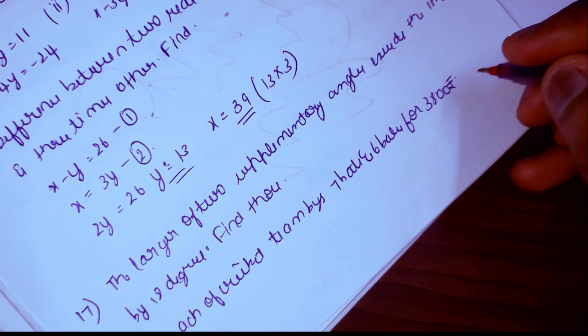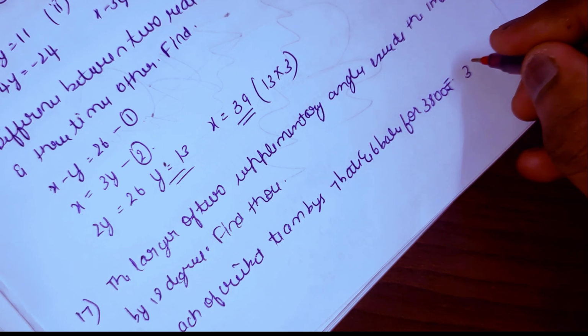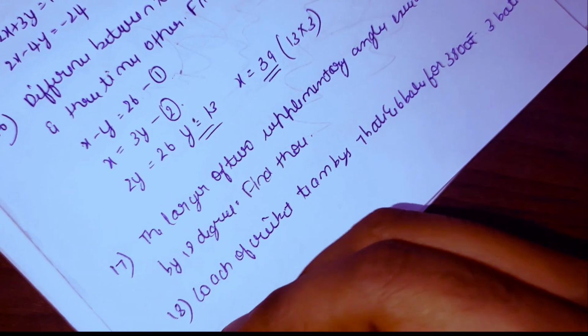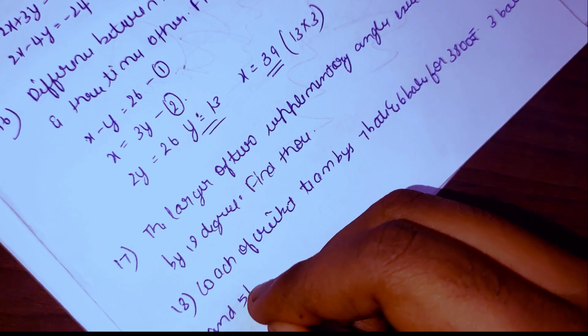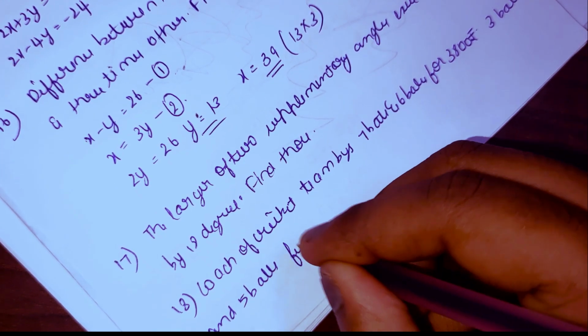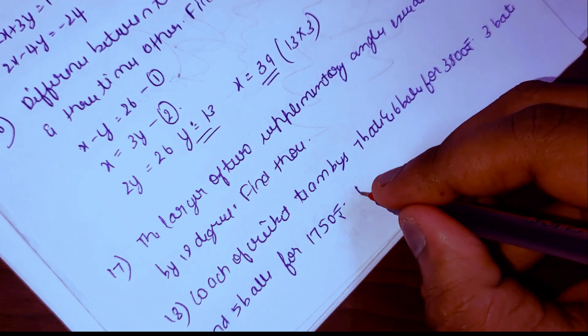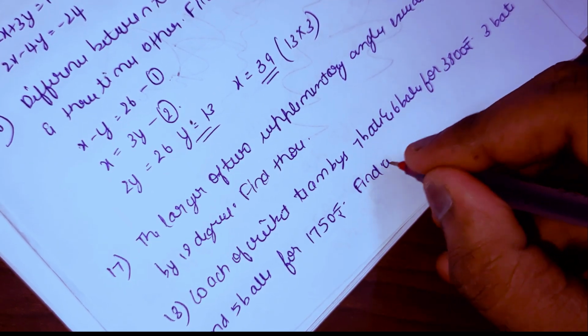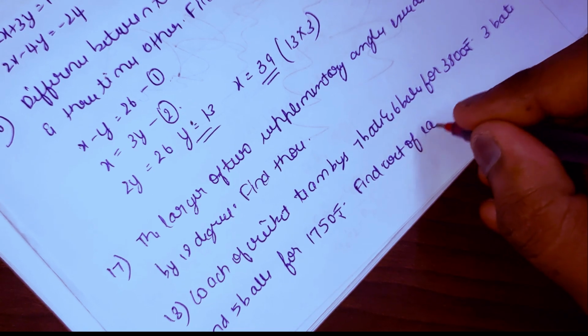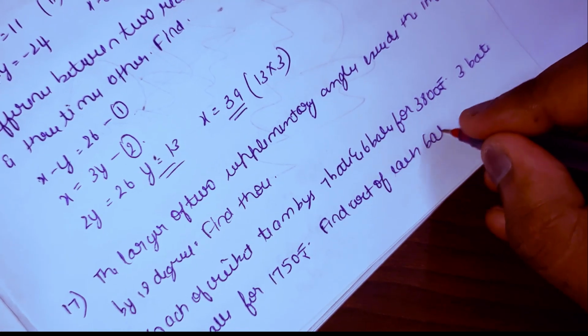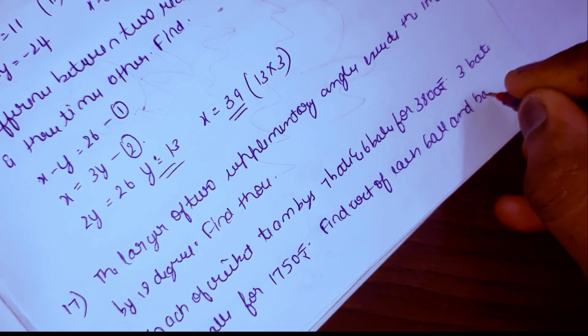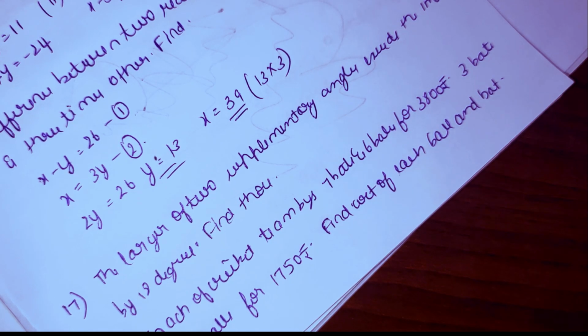Later he buys 3 bats and 5 balls for 1,750 rupees. You have to find the cost of each ball and bat. We'll move into the 19th question.